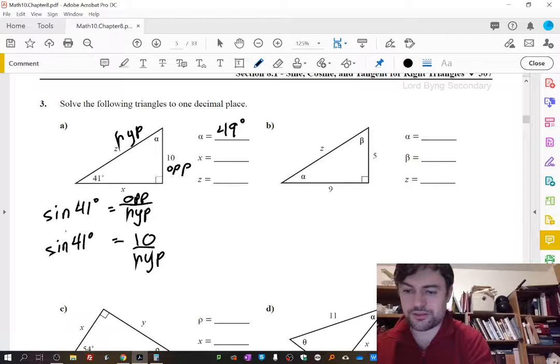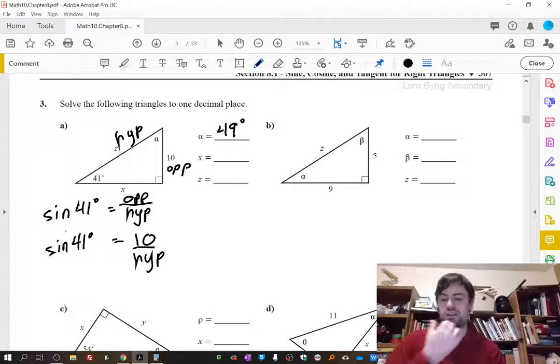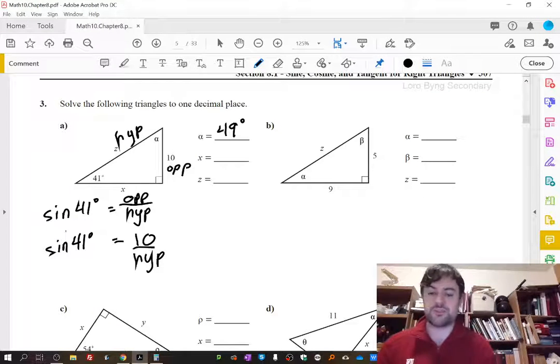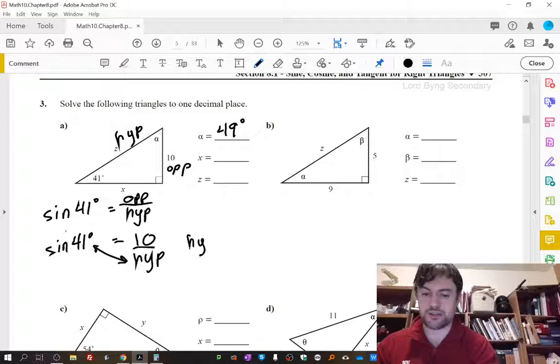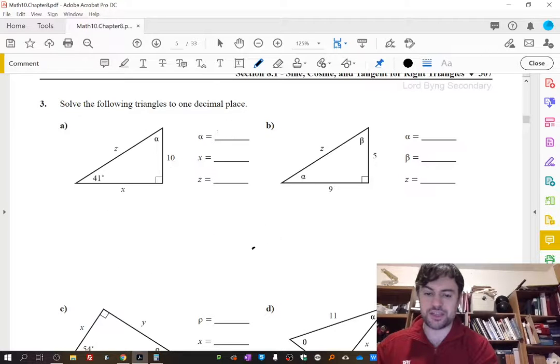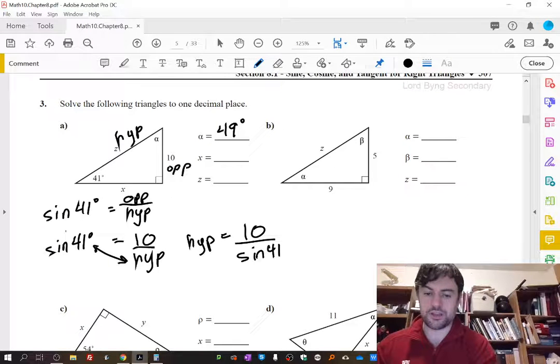Sine of 41 degrees equals 10 over the hypotenuse. Now, if I'm trying to solve for the hypotenuse, I can cross multiply and get an equation that says the hypotenuse is going to be 10 divided by the sine of 41 degrees.